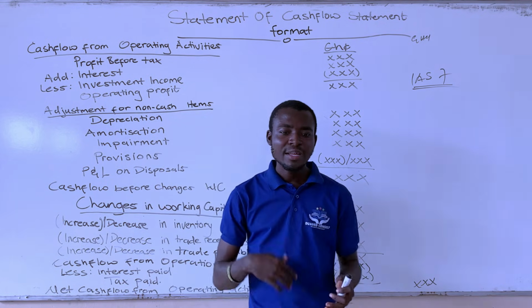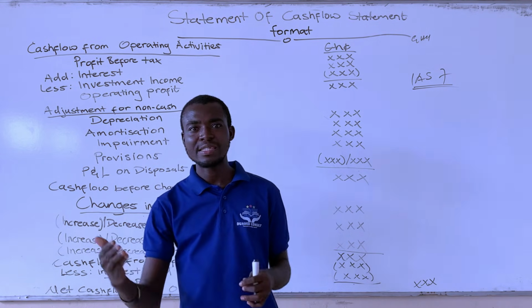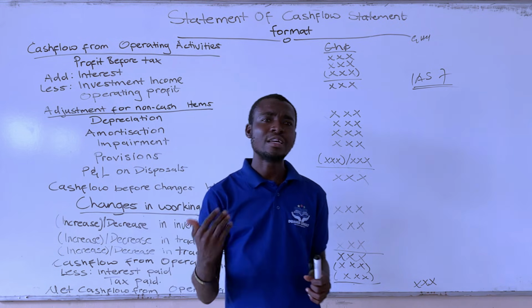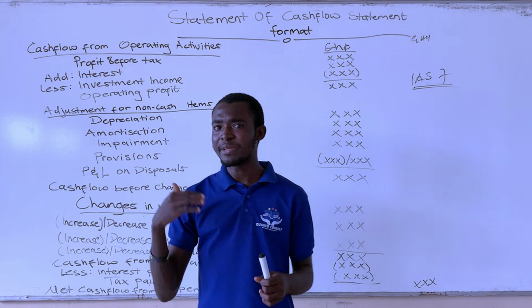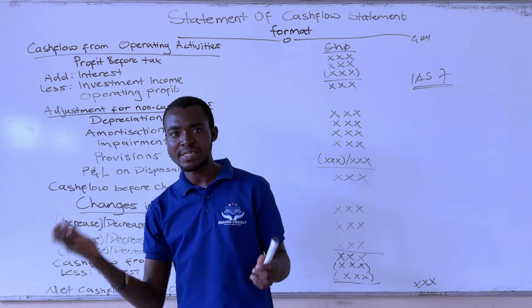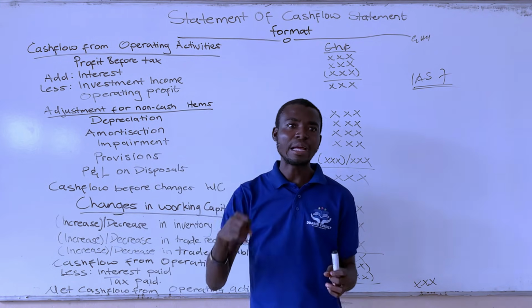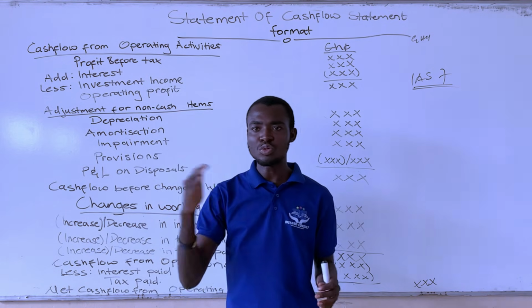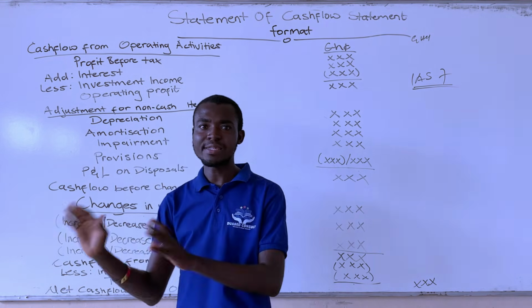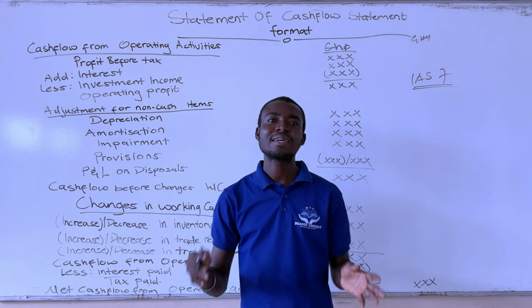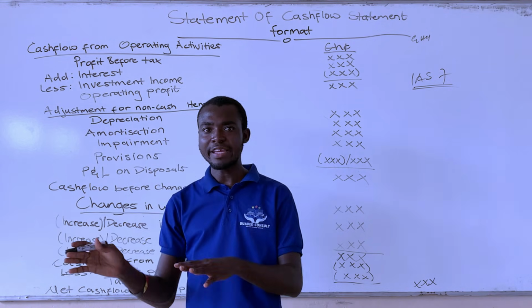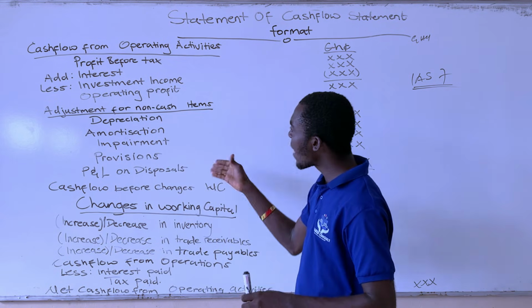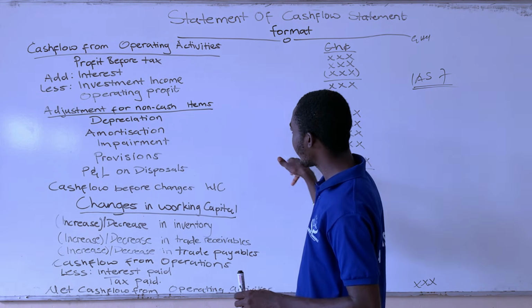Because of this, accountants make provision for certain things like bad debt, and then depreciation and amortization of assets too is based on company policies or the knowledge of the accountants that we use to make provision. So they are termed non-cash items. So we adjust for all these non-cash items.